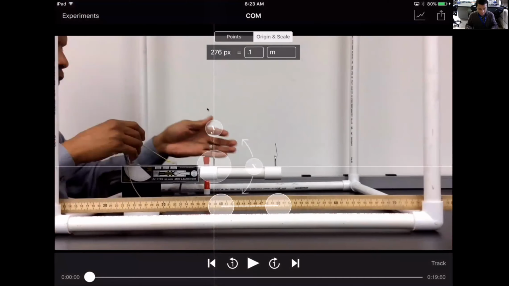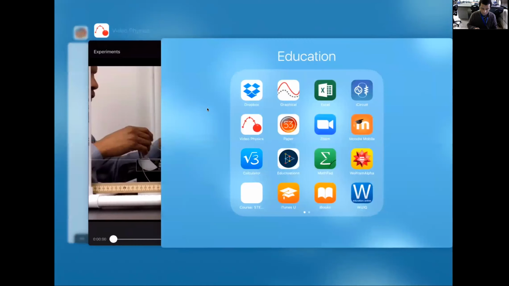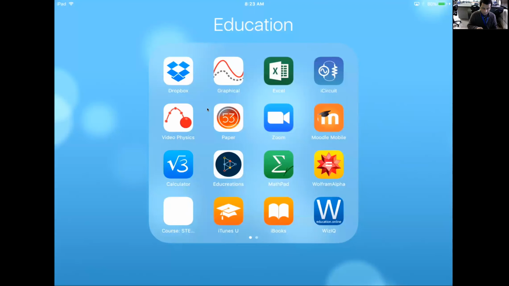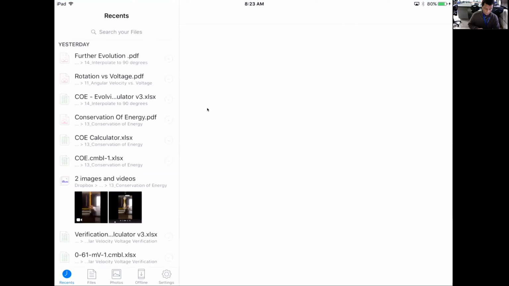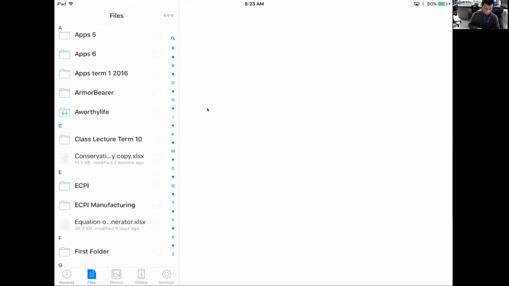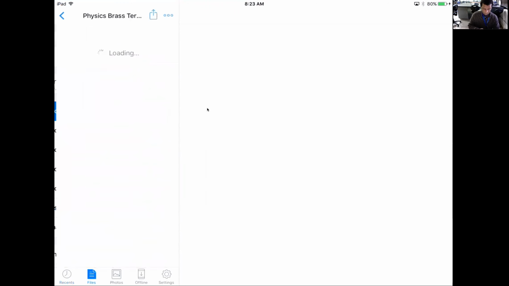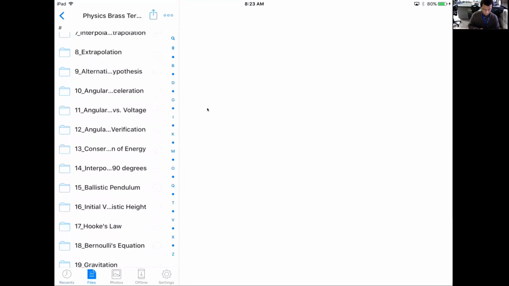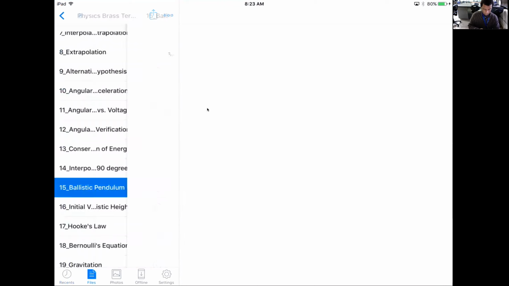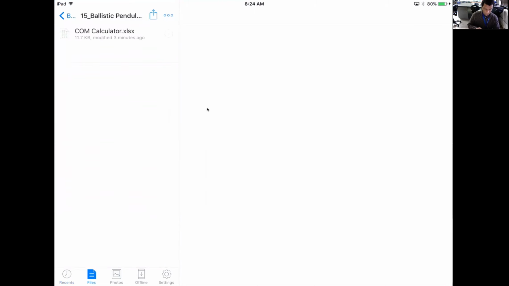Let's go ahead and take a snapshot of that. Let's just upload this to Dropbox. It is not open, but it should be in this folder already. Yep, there it is.